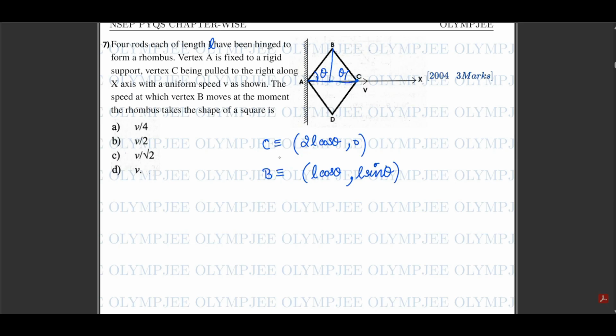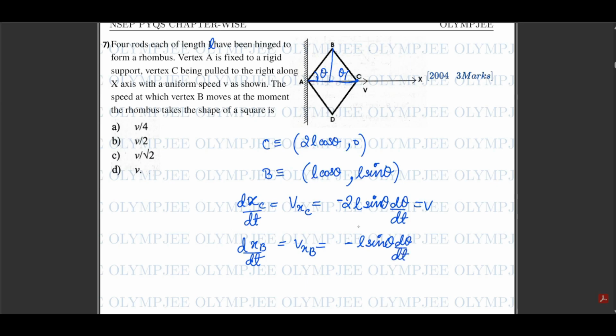So if we differentiate the coordinates of C, we will get that dxc by dt, which is vxc, is equal to 2L times minus sin theta d theta by dt, and it is given as V since C has only the x component, so this will be V. And if we differentiate the x coordinate of B, we will get minus L sin theta d theta by dt, and we can clearly see that this velocity is half of the x velocity V of C.